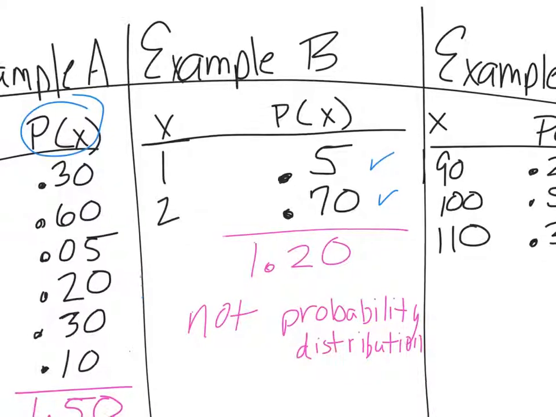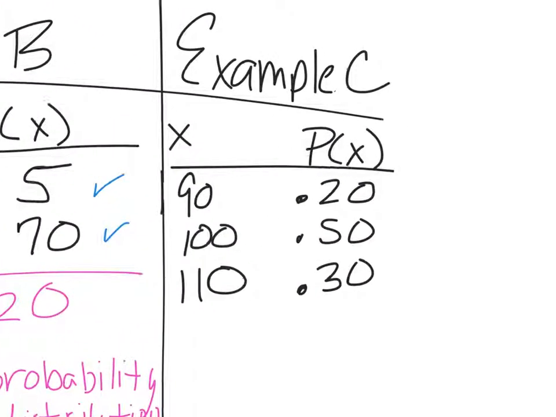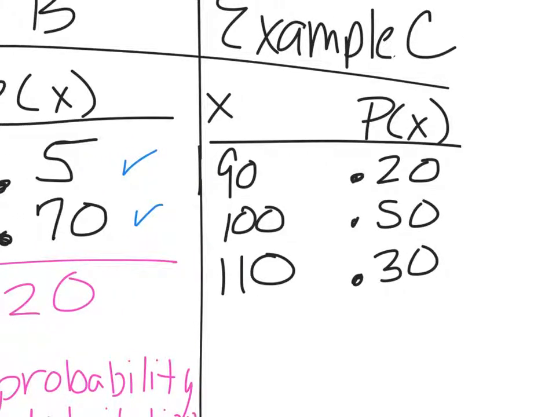All right. Last but not least, example C. Don't let it throw you off that now X is suddenly different numbers. That doesn't matter. It just means what's the probability of getting a 90, a 100, or 110, apparently, in this particular example. So first thing I need to look at is, so my probability of this one happening is between 0 and 1, between 0 and 1, between 0 and 1.